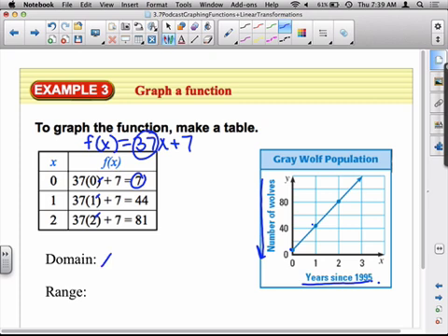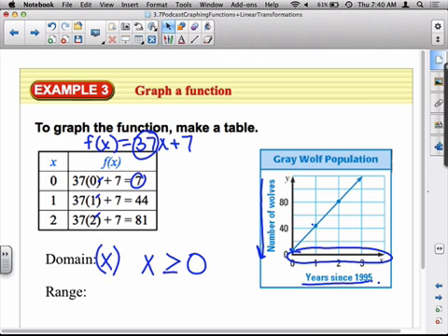Now, remember the domain is my x values. So my x values, here is my x-axis, start at 0 and increase. So to show a domain that starts at 0 and continues to increase, I would say x is greater than or equal to 0. Now my range is my y values.